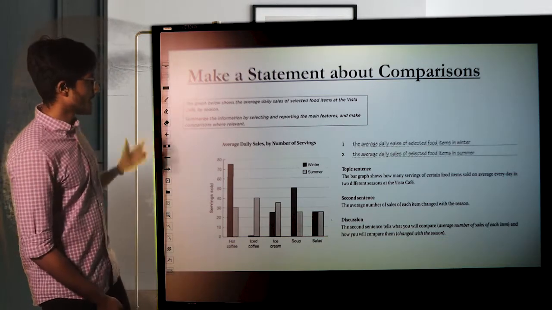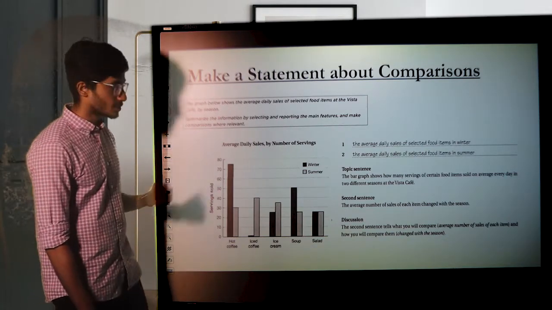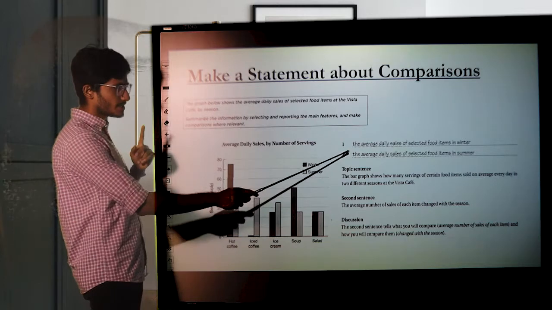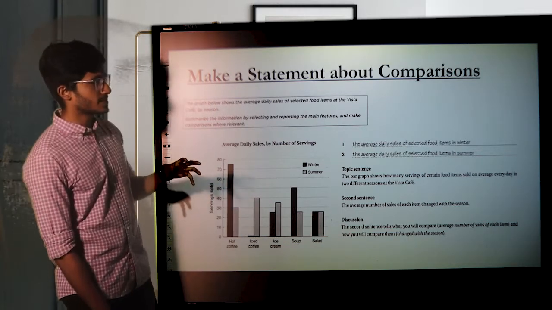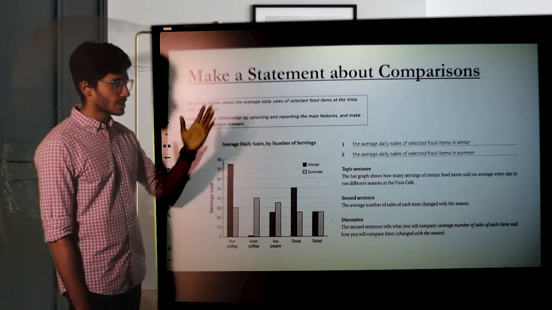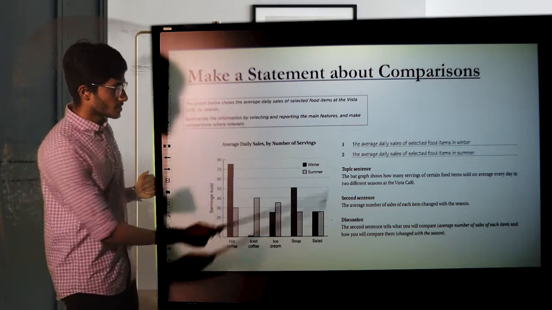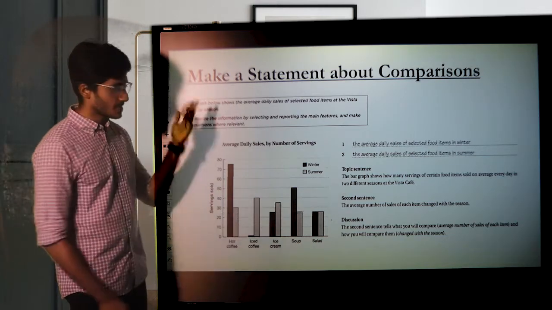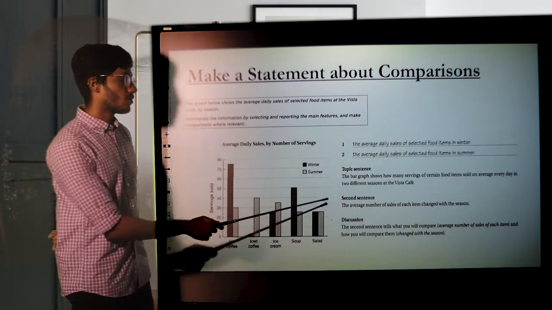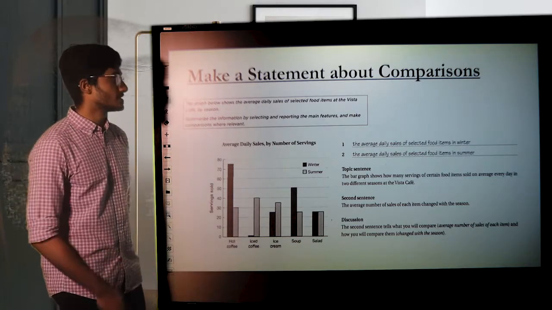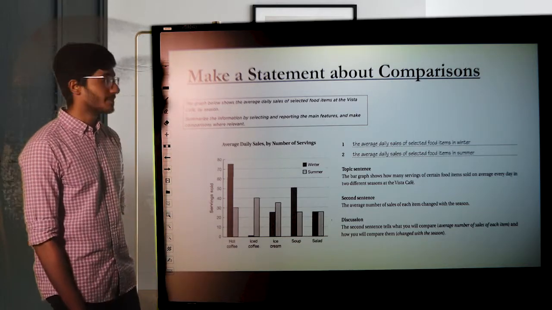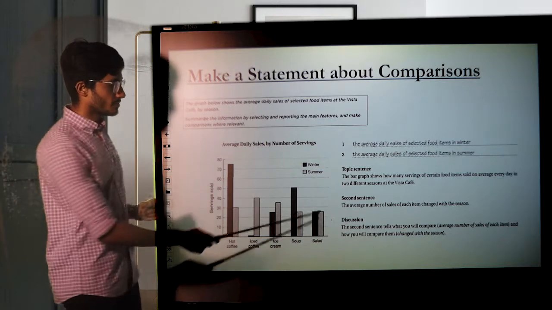Here we have an example, the summer-winter one. Remember, you made comparisons of the average daily sales of selected food items in the winter and in the summer. The topic sentence is the same as the previous one. Now, what can be the second sentence or the statement for the comparison? Here we have a model statement.